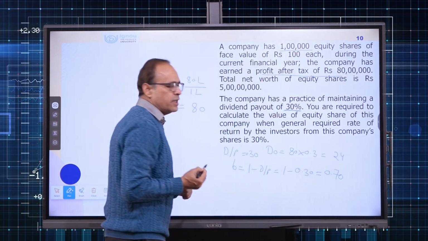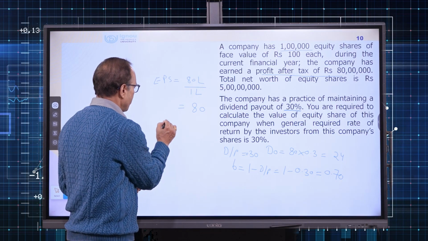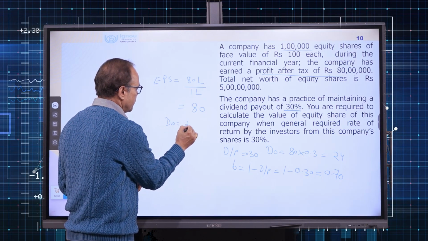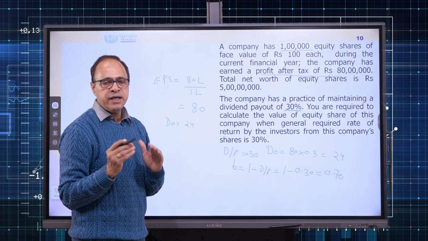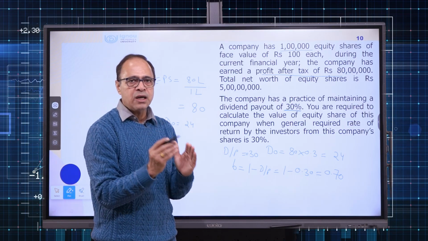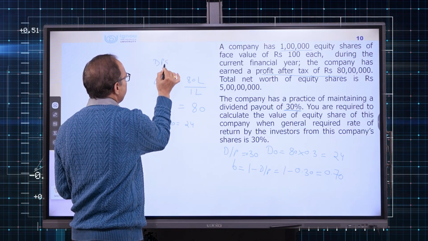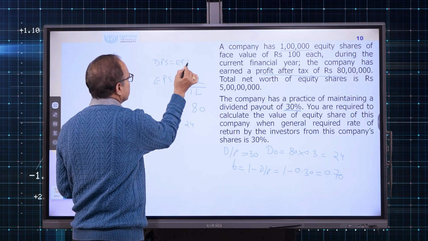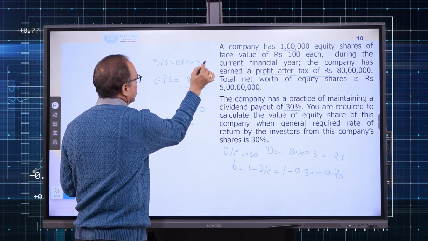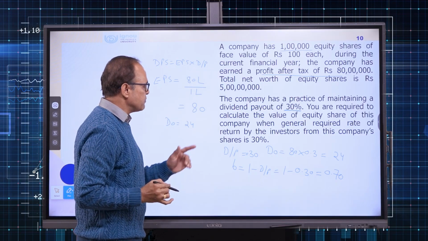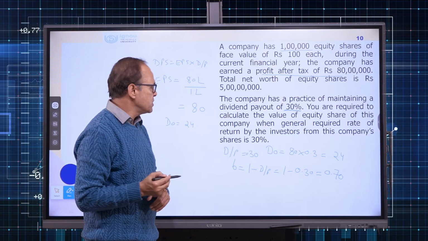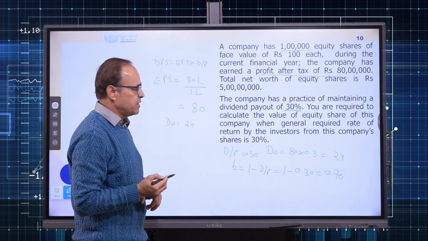So, the current dividend per share, that is D0, is 24. Whenever the dividend payout is given, how do we calculate the dividend per share? DPS is simply EPS multiplied by the dividend payout ratio. Our EPS was 80 rupees, the dividend payout is 30%, so 24 is the dividend.